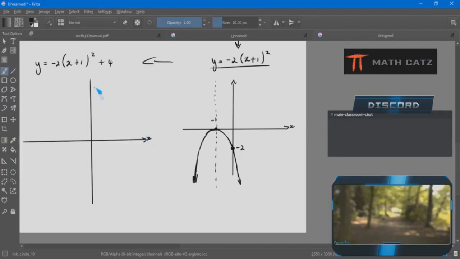Give ourselves some space here. Axis of symmetry sat over here somewhere at -1. We had our vertex on the x-axis, which means at 0 for y. That now shifts up 4. So let's put it very nice and high. Let's put it up here. 4 is quite a lot. My y-intercept was the point that I kept track of, and that was at -2.